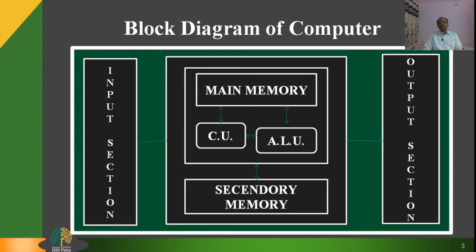In the next slides I am going to describe what these do, what their functions are. After getting processed, the result moves to the output section, and from the output section we get the result.